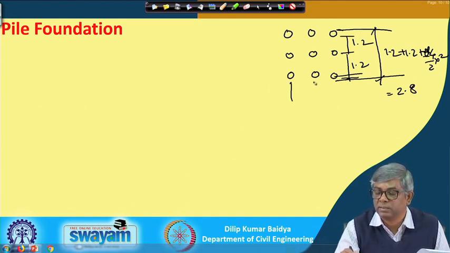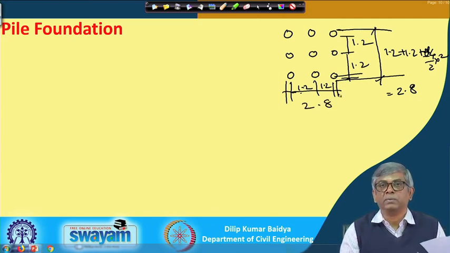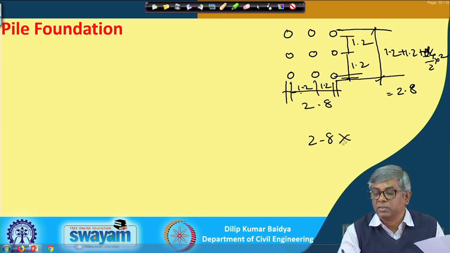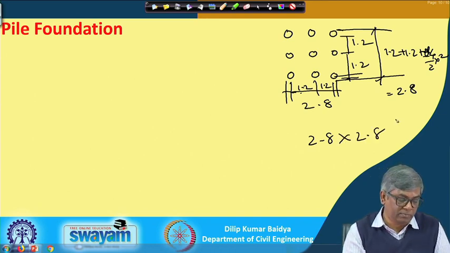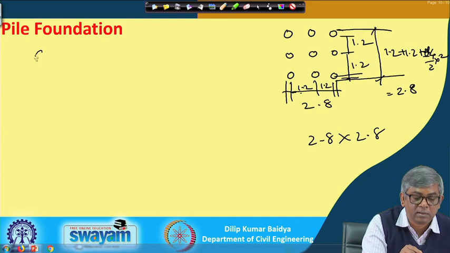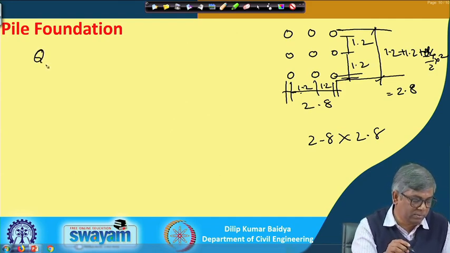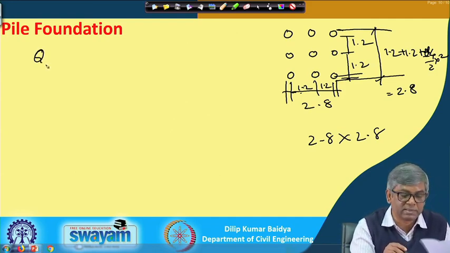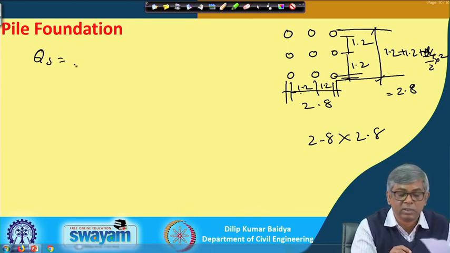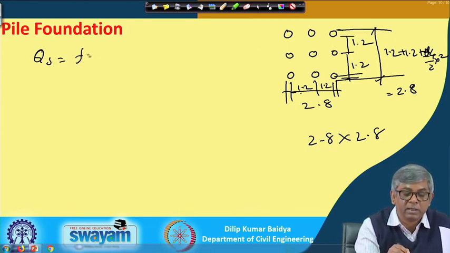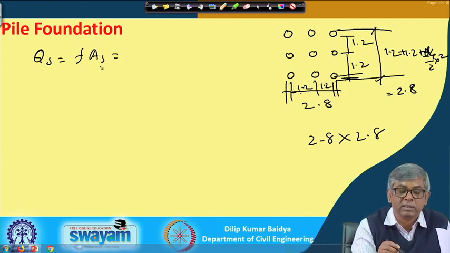Similarly, on this side it will be 1.2, 1.2, and d by 2 on each side, so it will again be 2.8. So the dimension of the block is 2.8 by 2.8. Now I can find out Q S, which will be f times A S. Here f is alpha c, and c I have got as 50, and alpha I take as 1.